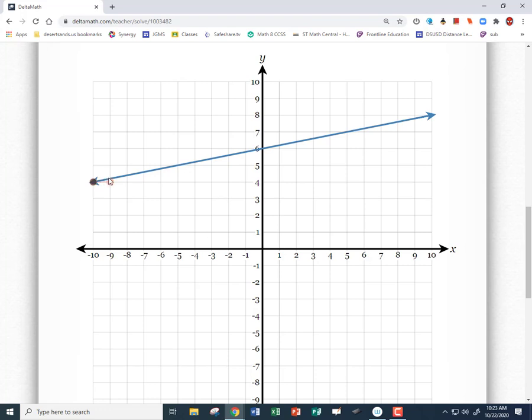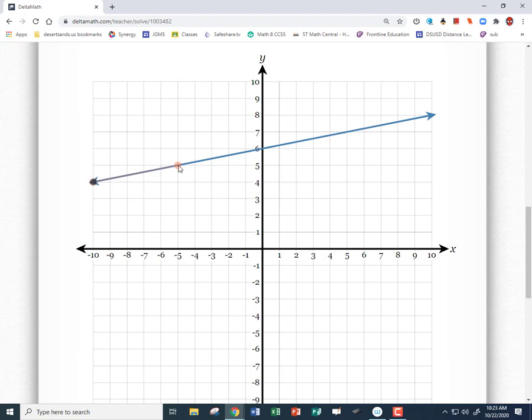When I move to the right 1 unit, notice that the red dot is below the line. Below the line. Now it's above the line. Above the line. And once the line snaps to itself, in other words, the red dot is right on the blue line, that's where we want to focus on making our second point.